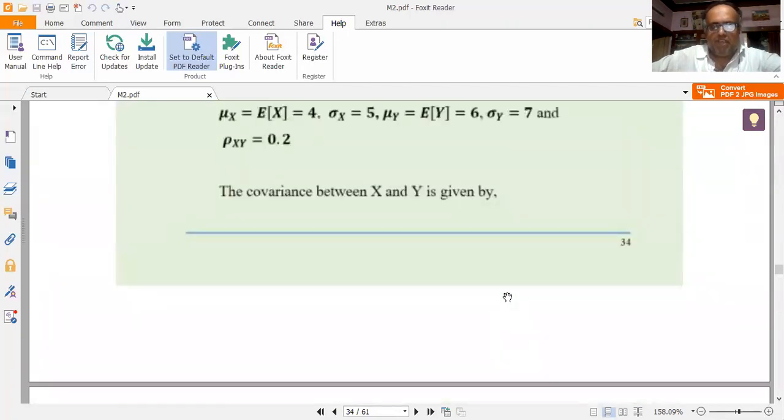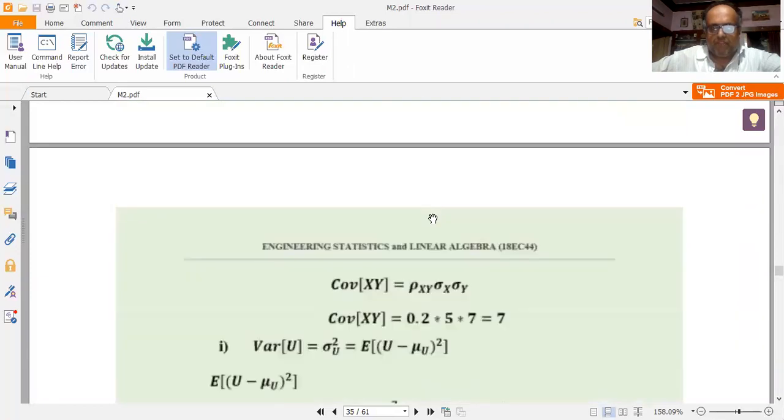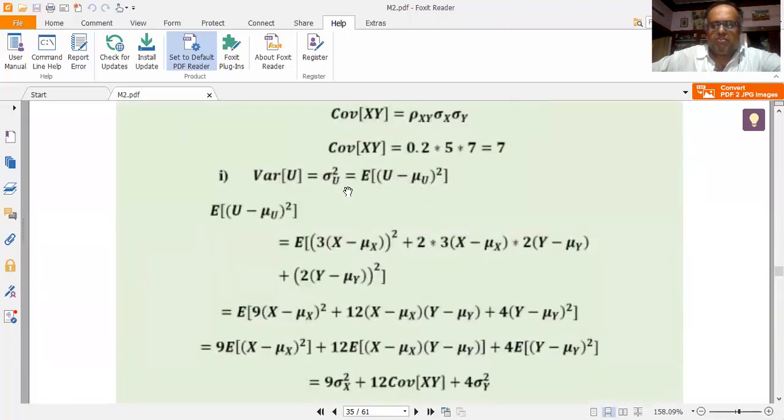Now let me find the variance of u as given in the problem. So variance of u is given by sigma u squared. Now use the definition of the variance. Variance of u is given by the expected value of u minus mu u the whole square.